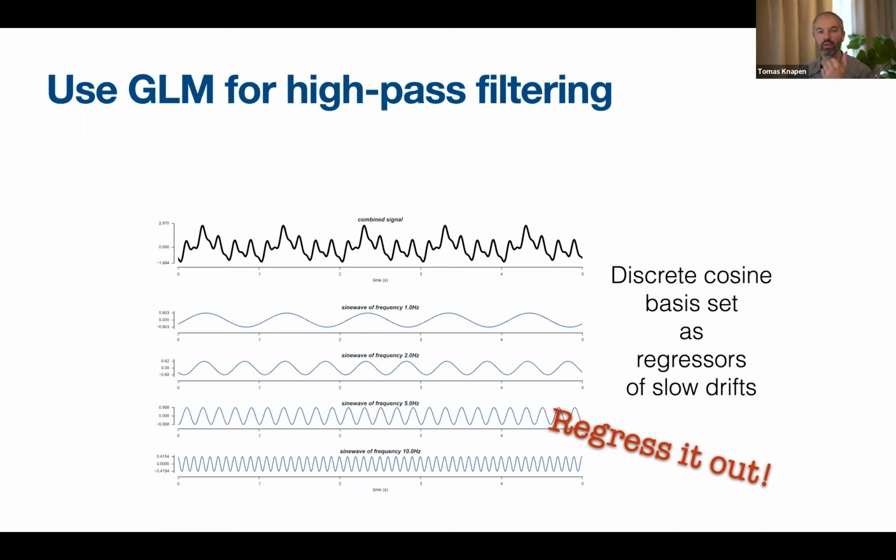Like motion, like heartbeat, these slow drifts, you want to be able to regress them out and not have them count as unexplained variance. Like I said, unexplained variance is your mortal enemy. You want to kill it, right? So if you can capture it using a slow drift basis set or a motion correction or physiology, that's what you do.